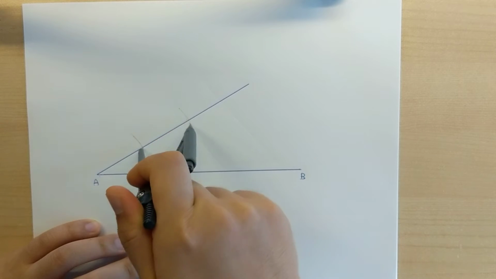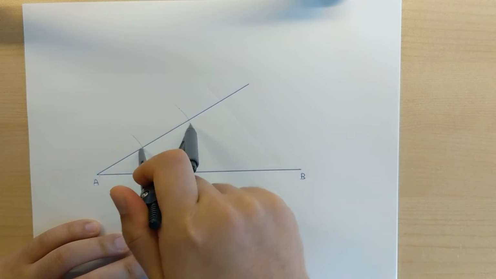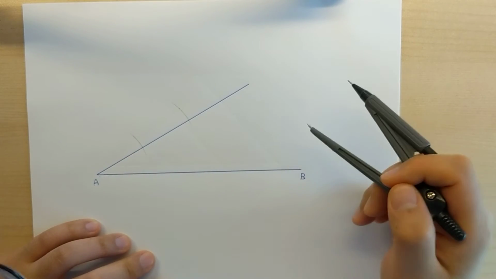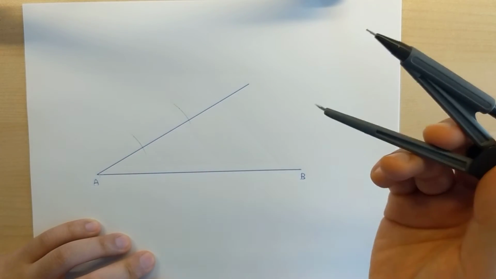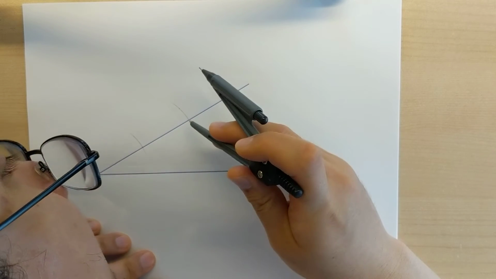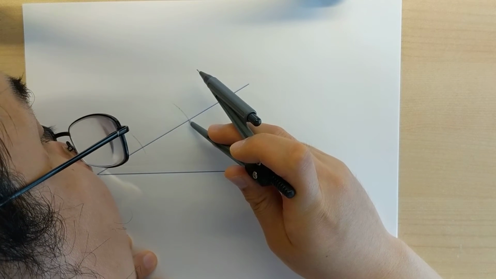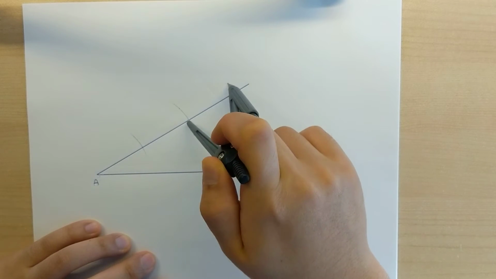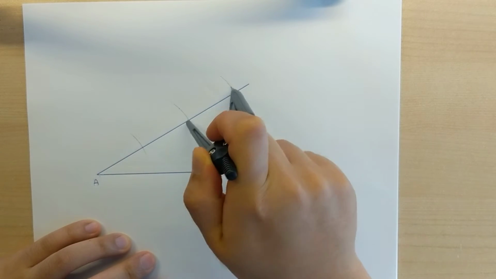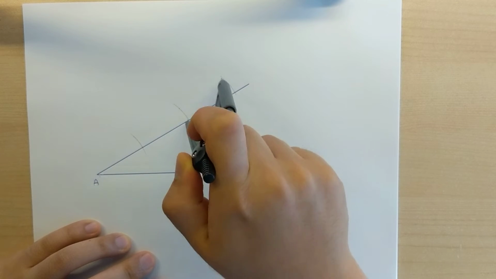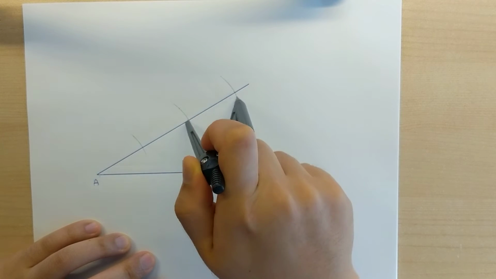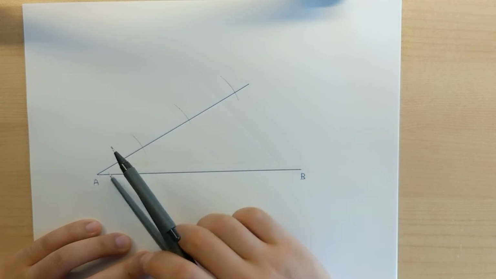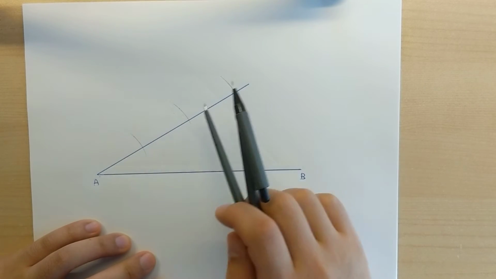And I am going to draw another arc. And one more time, you're going to pick up your compass, do not change the setting, place the pin on the point of intersection, and draw this again. So what I have now is the line segment broken up into 3 equal parts.